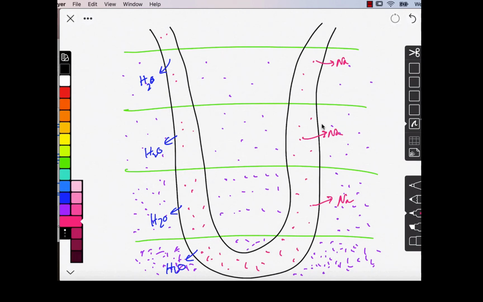Now if we think about a diabetic, something really interesting happens. Diabetics have additional particles because they have excess glucose, which has entered their nephron and cannot all be absorbed by the kidney.